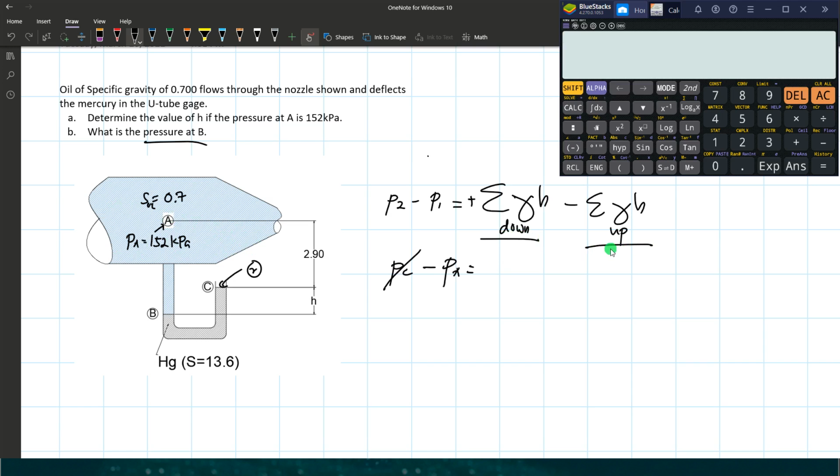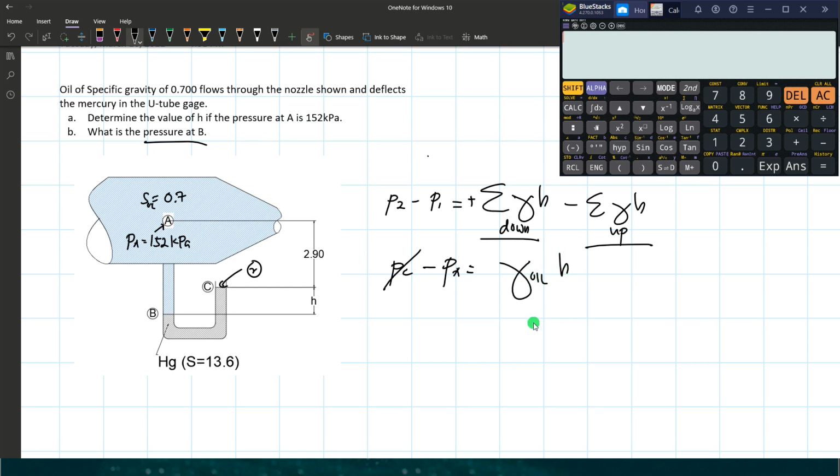So we solve this now using the sum of products of unit weight and height. We have two liquids here. We have the oil. If we start at point A, our direction should be like this, from point A to point C. Starting at point A, we take into consideration first the liquid, that is the oil. We determine the product of the unit weight of oil and the corresponding height.